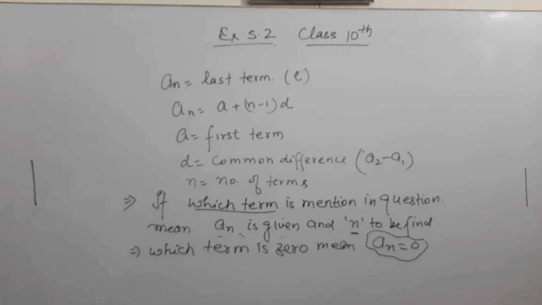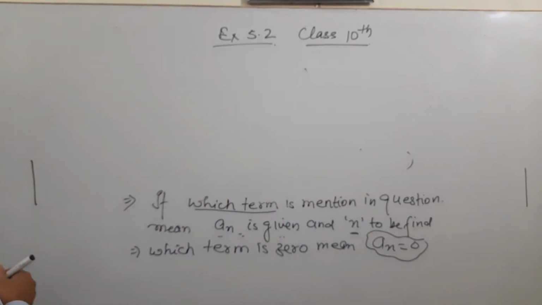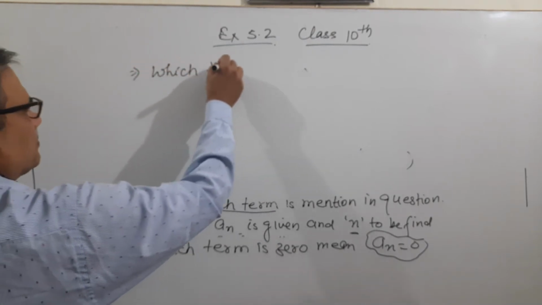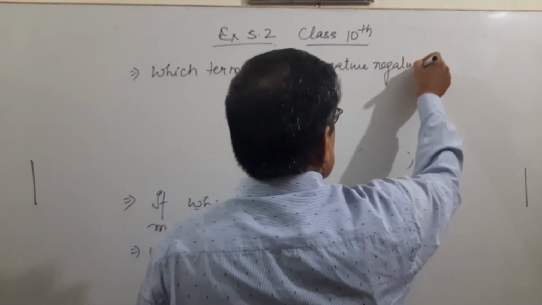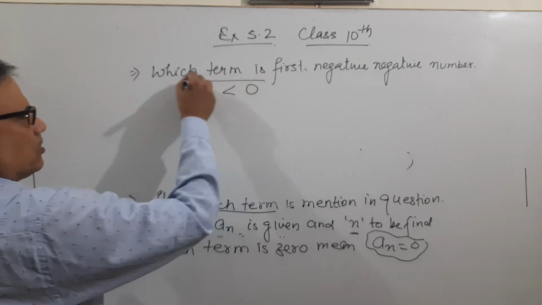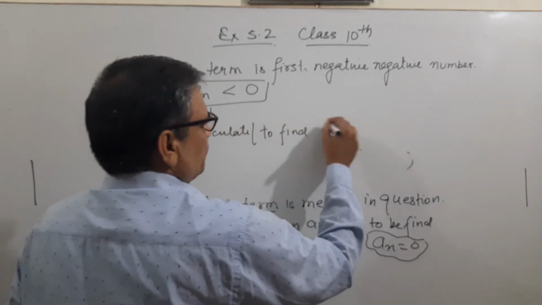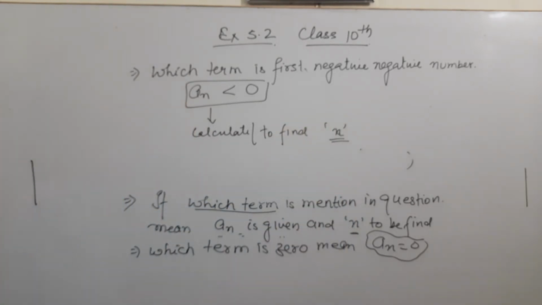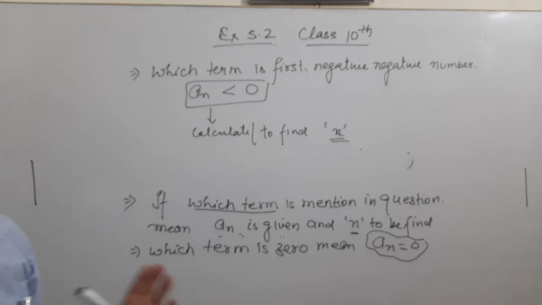Another point to note: if it is asked which term is the first negative number, then An is always less than 0, and from here we will find N. When we put An less than 0, because all the negative terms are less than 0. Note it down.